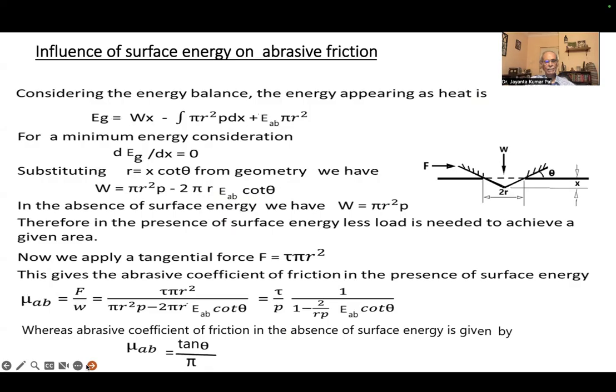So Wx is the work done, minus the energy absorbed, pi r squared p dx, plus the surface energy.